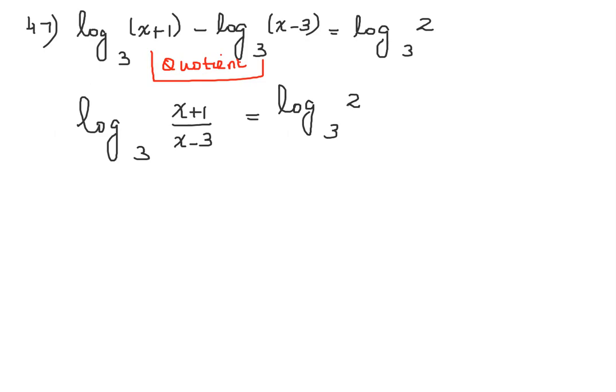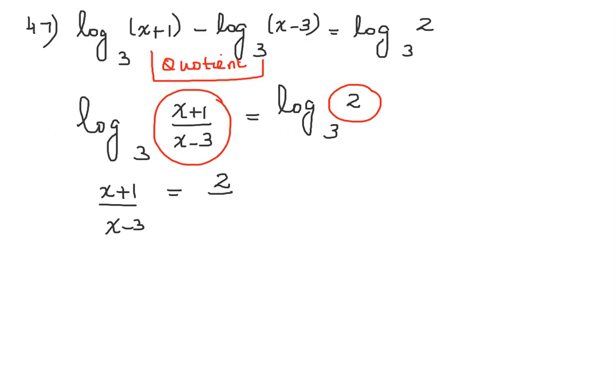Okay, since we have log on both sides and we have the same base, these two are going to be equal, which is going to be equal to 2. I can put the 1 because we're going to solve the rational equations. So we get 1 times x plus 1 is x plus 1 equal to 2 times x minus 3.